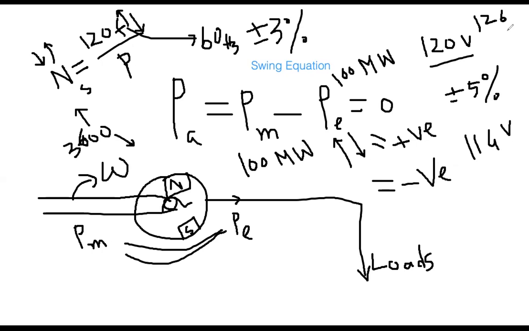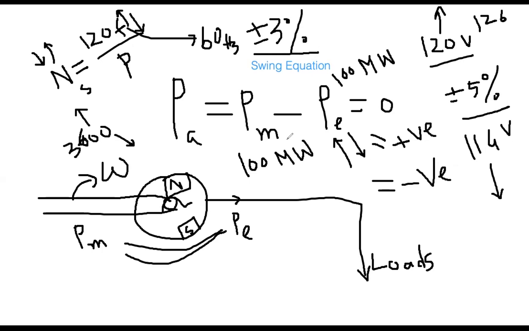If it is within this zone, then it is okay. Your connected device will not be affected. Once it goes much downside or much upwards, then that is problematic. So that's why the United States has two rules: frequency should be plus minus 3% and voltage should be within plus minus 5%. Then the connected device is safe.